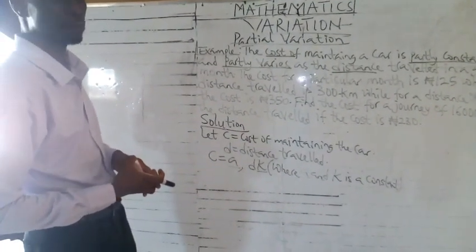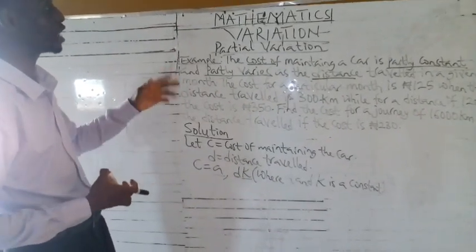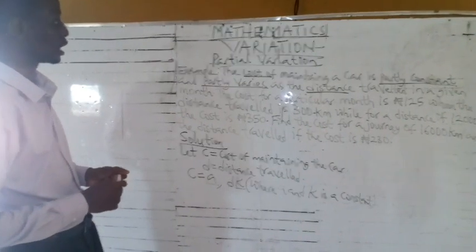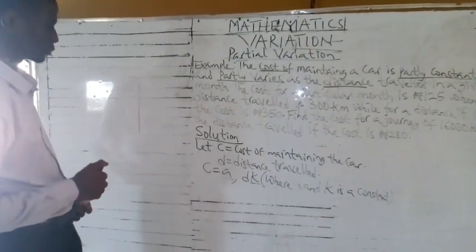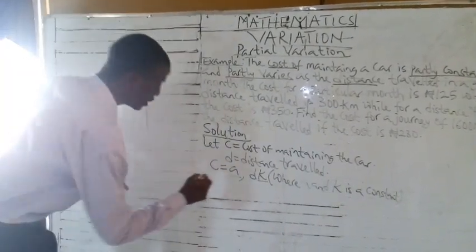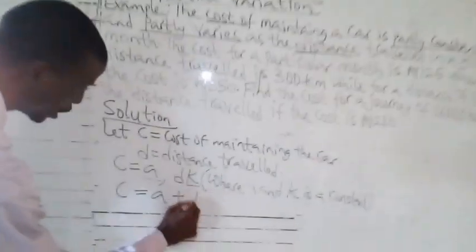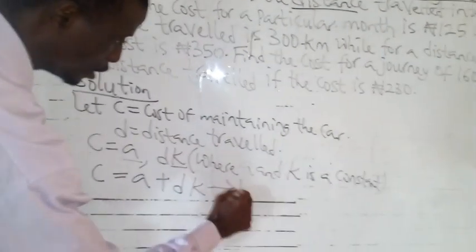At Mathematics Camp Pro, we already have a video uploaded on simultaneous equations, which you will enjoy. Now, taking us further, how are we going to relate the two? C will be A plus DK. This is the relationship.